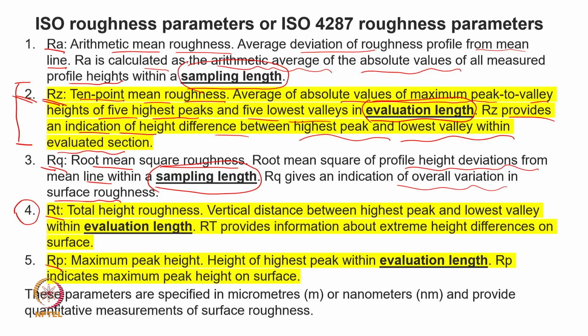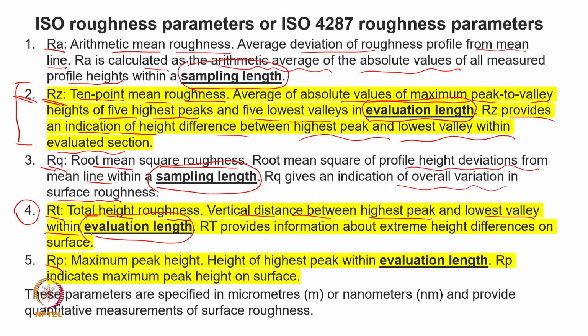Now, coming to the RT, we say the total height roughness, this is the vertical distance between the highest peak and the lowest valley, but within the evaluation line. So, in the RZ value we were choosing 5 highest peaks and 5 lowest valleys, while in RT we say no, the highest peak and the deepest, or lowest, valley. That is what we want to go ahead with, and again we are measuring here on the evaluation line.